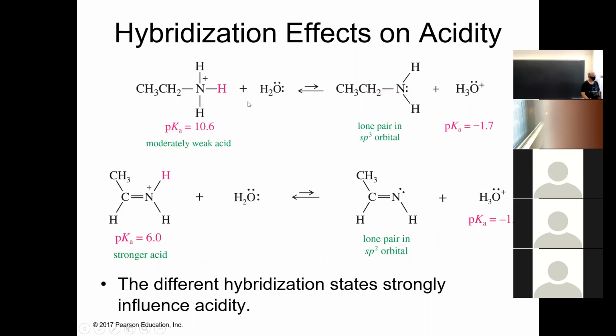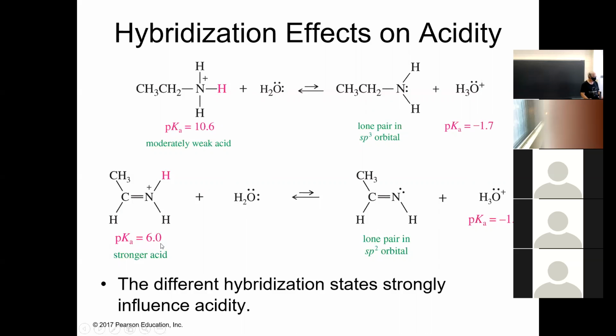So here we have ethylamine, and its pKa is 10.6. And then here we have this imine salt, and you can see that it's a stronger acid.